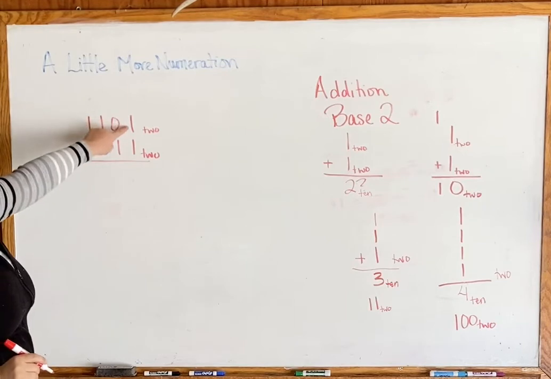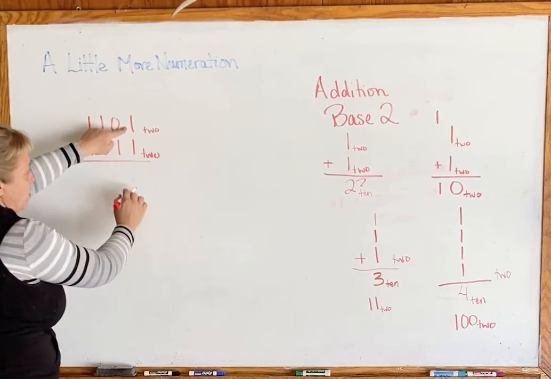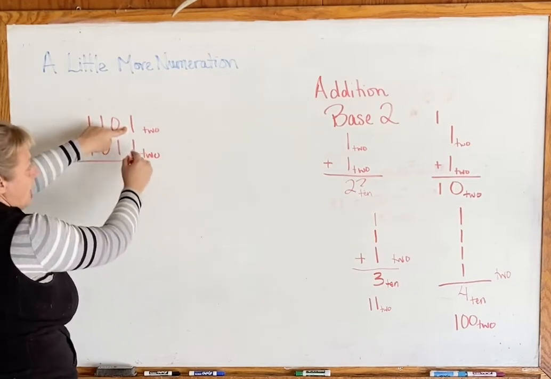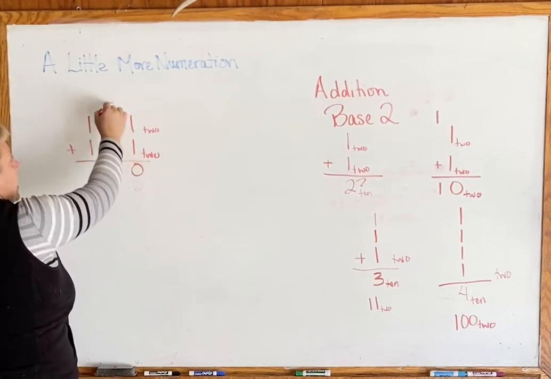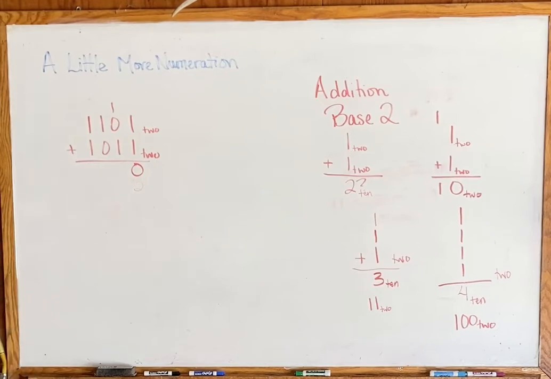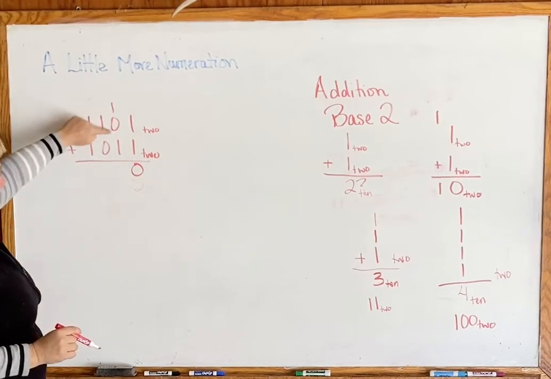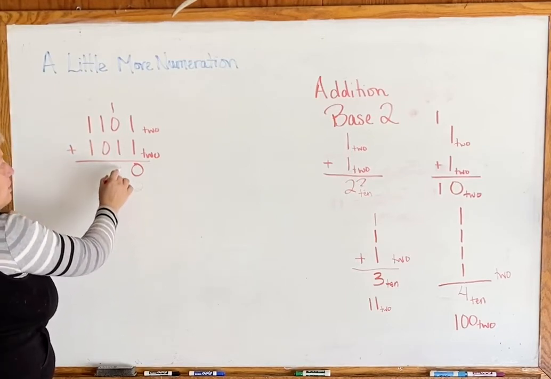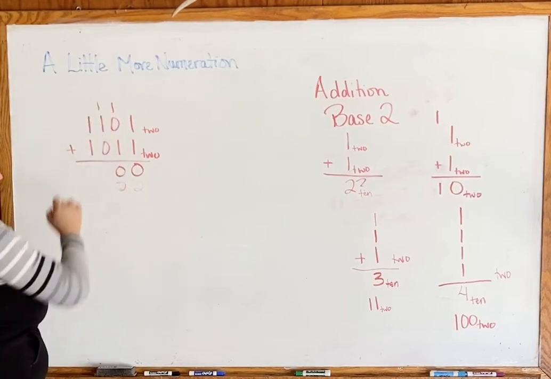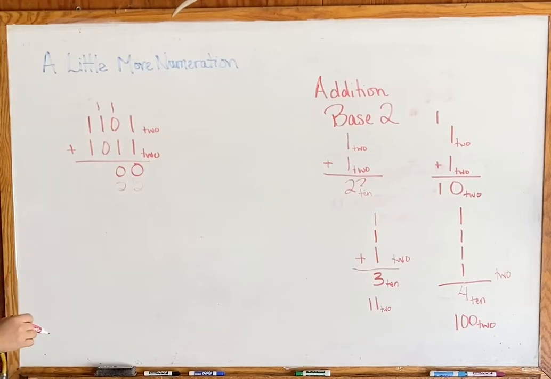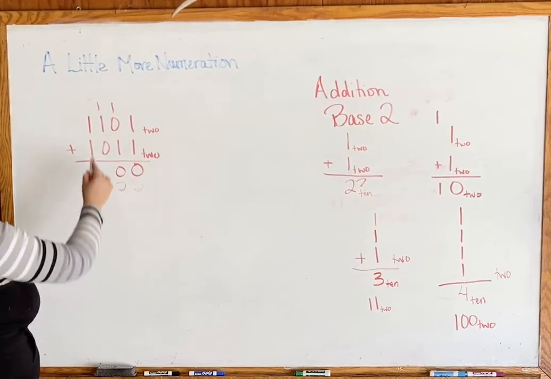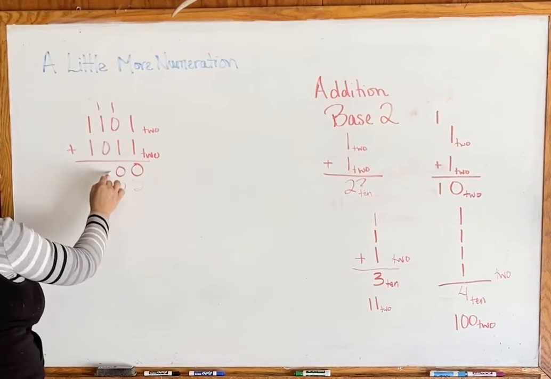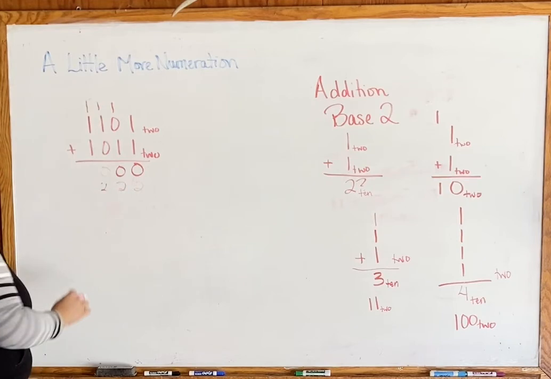So this first one again, we would add here, which would give us that 2, but we don't want the 2 because we're in base 2, so we're going to put a 0 and we're going to carry the 1. Now, a 1, a 0, a 1, there's 2 1s, so again, that would be like a 2, but we're going to put a 0 and carry a 1. Okay, here we go again, 1 and 1 and a 0, so that's going to be 2, which is 0, and we carry a 1.